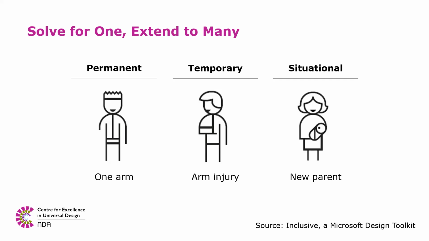So a benefit of universal design then is that if you design for someone with a disability, your design will automatically include this wider range of people. For example, in this illustration from Microsoft, we see someone with one arm, another person with a temporary arm injury, and another person carrying a baby. So by designing for that person with one arm, these other people will also benefit.